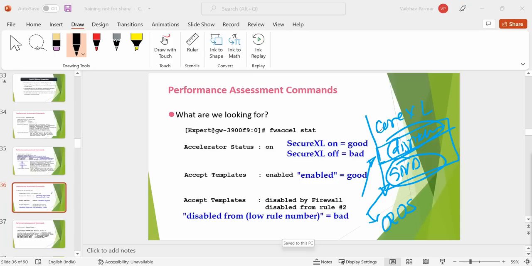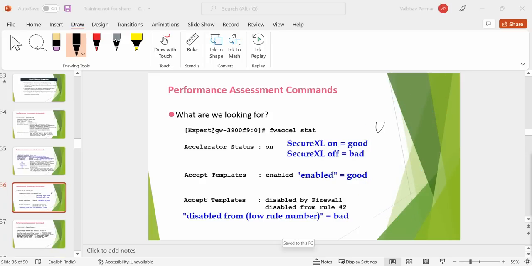These two technologies are designed in such a way that they work together to give the desired output. When I talk about the limitations, CoreXL does not support, for example, quality of service. It does not support route-based VPN.